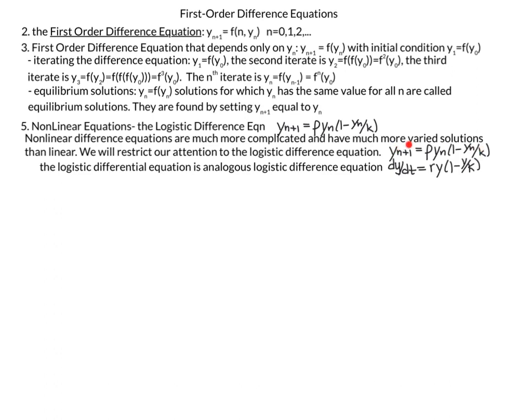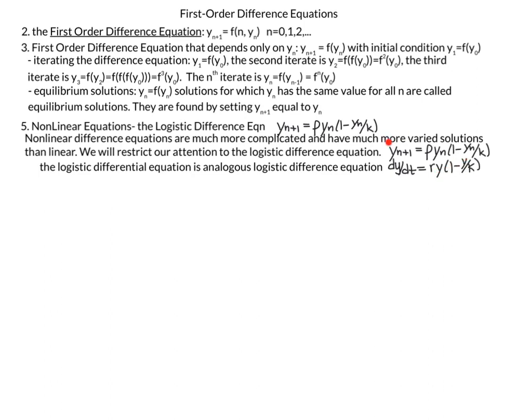Here's our logistic difference equation: y_(n+1) is equal to rho y_n times (1 minus y_n over k). I had also mentioned before this might look familiar because it's analogous to the logistic differential equation, which looks like dy/dt is equal to r y times (1 minus y over k).